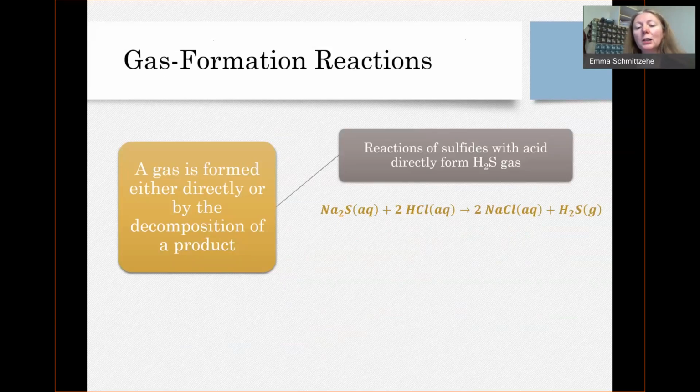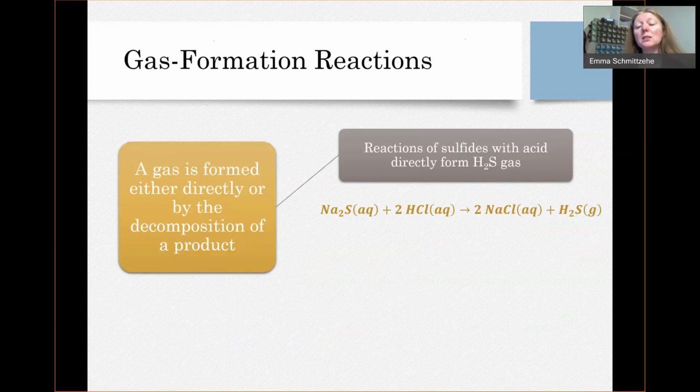So first, if we had, say, the reaction of some sulfide with an acid, that's going to form H2S, because the sulfide compound's anion is S2-, and that's going to combine with the cation of the acid, which is H+, meaning no matter what sulfide you have, if it's reacted with an acid, it forms H2S. And H2S is a gas.